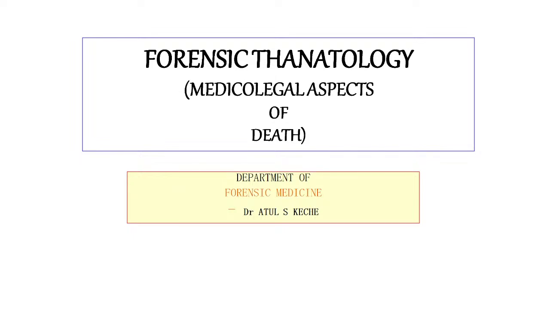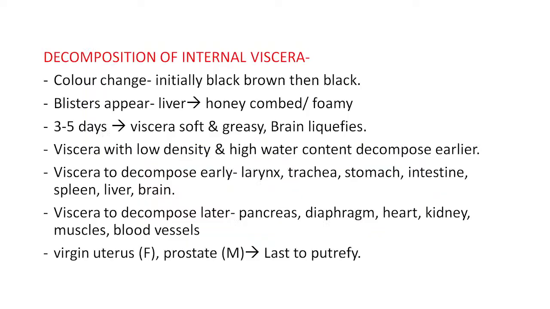So last time we have covered, what have we covered last time? I think we started with late changes after death, and in that we covered putrefaction or decomposition, right? So by this time you know the different features of putrefaction. Features will be in the form of changes in color of the tissue.